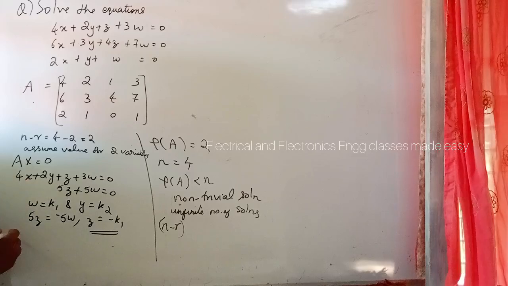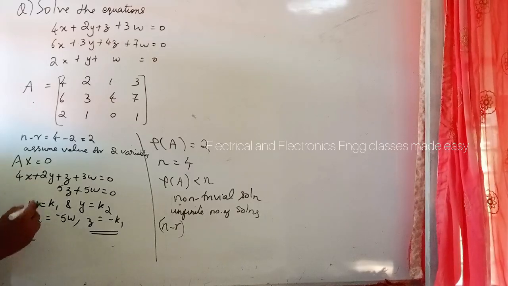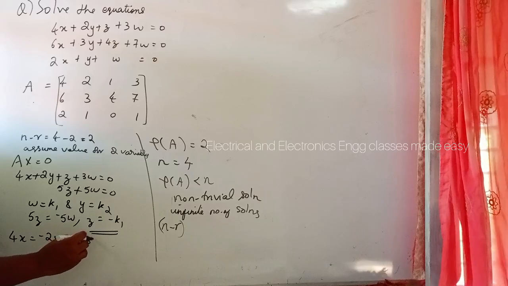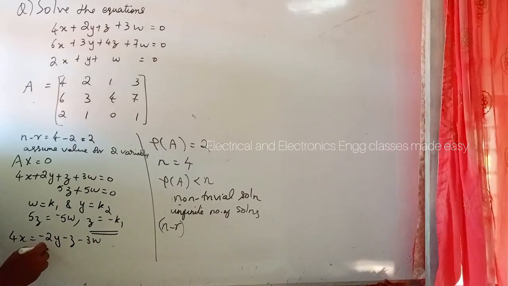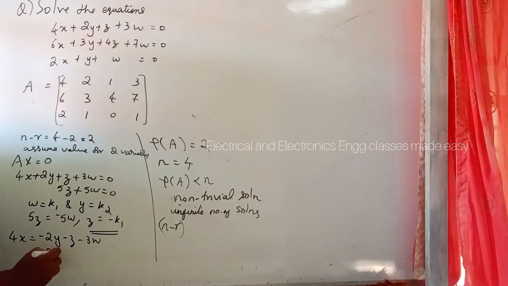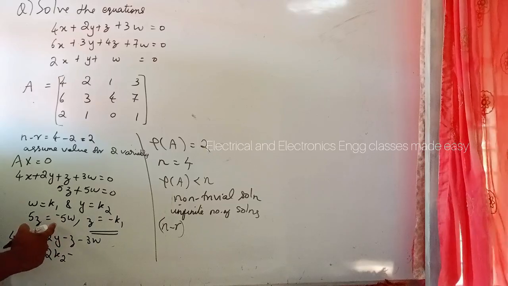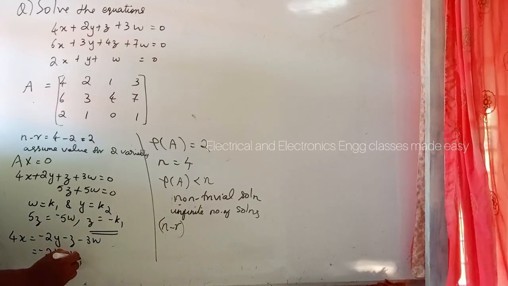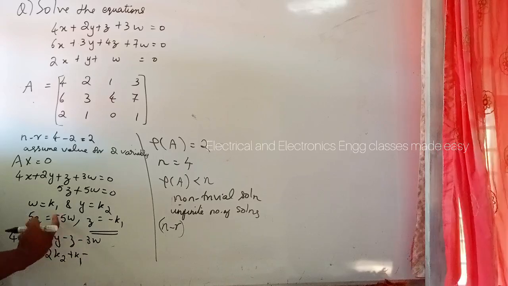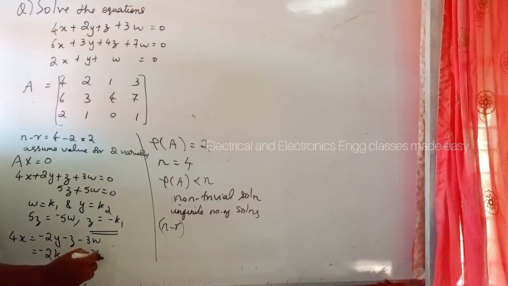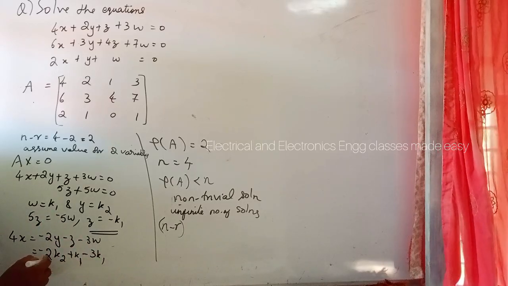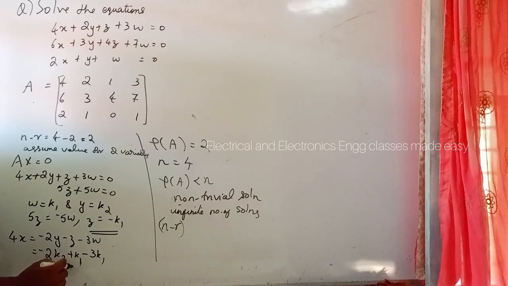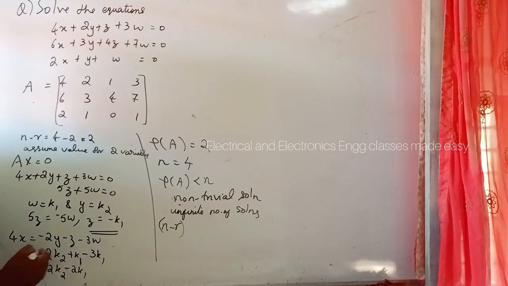So from this equation we can write 4x is equal to minus 2y minus z minus 3w, that is minus 2 into k2, then minus of minus k1, then minus 3 into w, that is 3k1. So here we will get minus 2k2 minus 2k1.